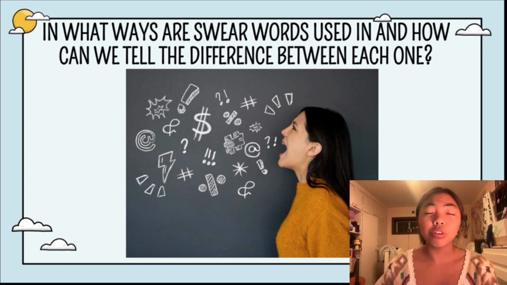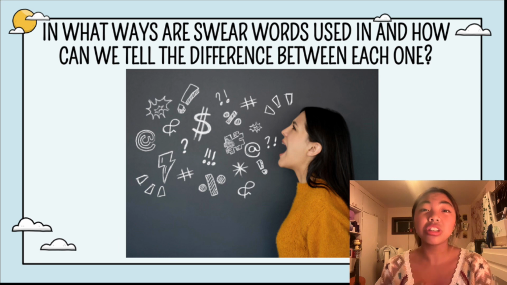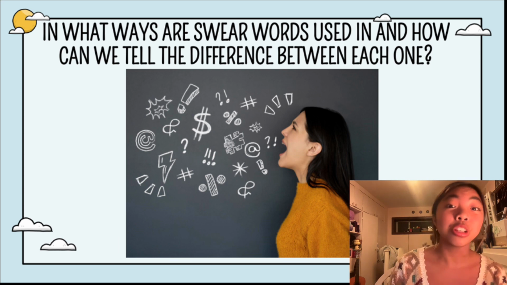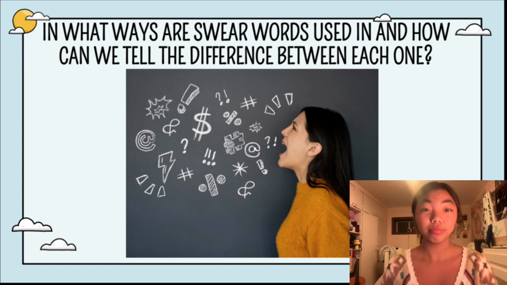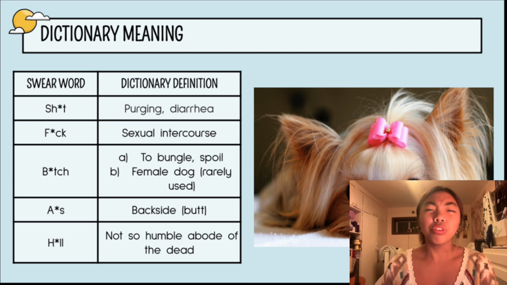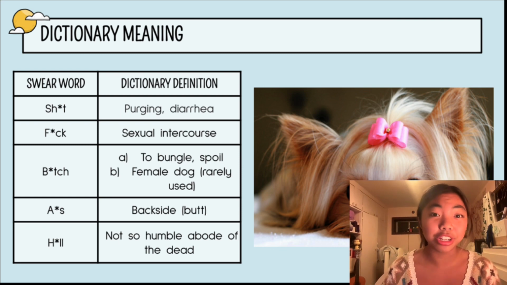Now, these 3 different uses that I will be going over are the use of the dictionary definition, the expression of strong feeling, and lastly, the misuse, or, in some circumstances, the triggering or offensive way. Now, the first way swear words are used is using the actual dictionary definition.